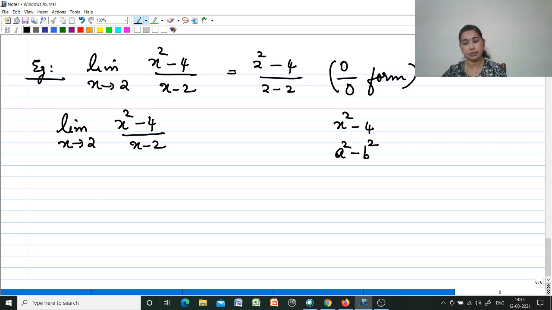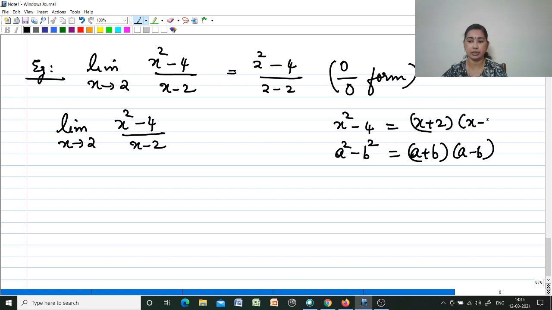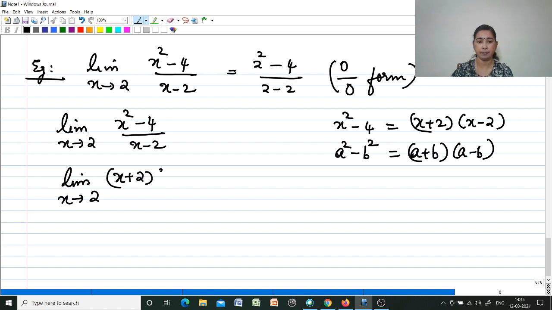A square minus b square is a plus b into a minus b. So x square minus 4 can be written as x plus 2 into x minus 2. So in this limit x tends to 2, I am factorizing x square minus 4 as x plus 2 into x minus 2, divided by the denominator as such.